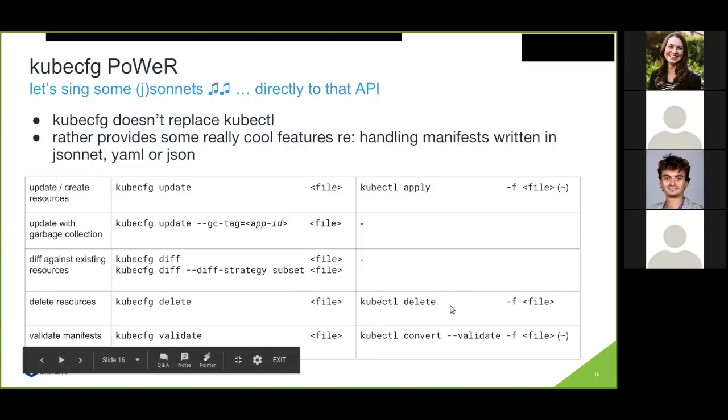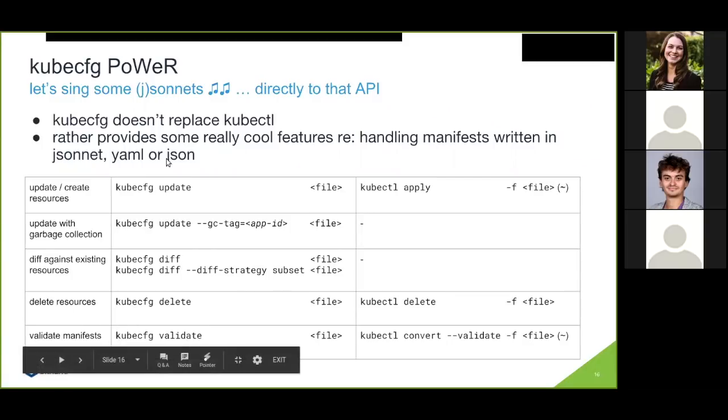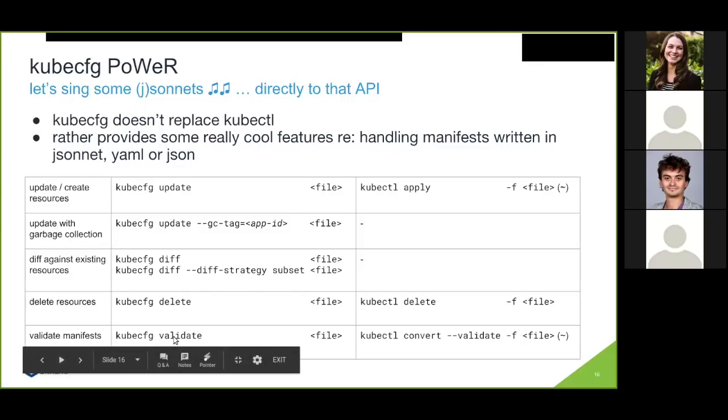Delete is more or less equivalent. And then things like validate. This is pretty powerful, for example, when you build CI pipelines: being able to do a validation before going for an update. Let's say you have a Jenkins pipeline to deploy your workloads, and in one of its stages you do a kubecfg validate, and of course stop if it doesn't pass the validation.